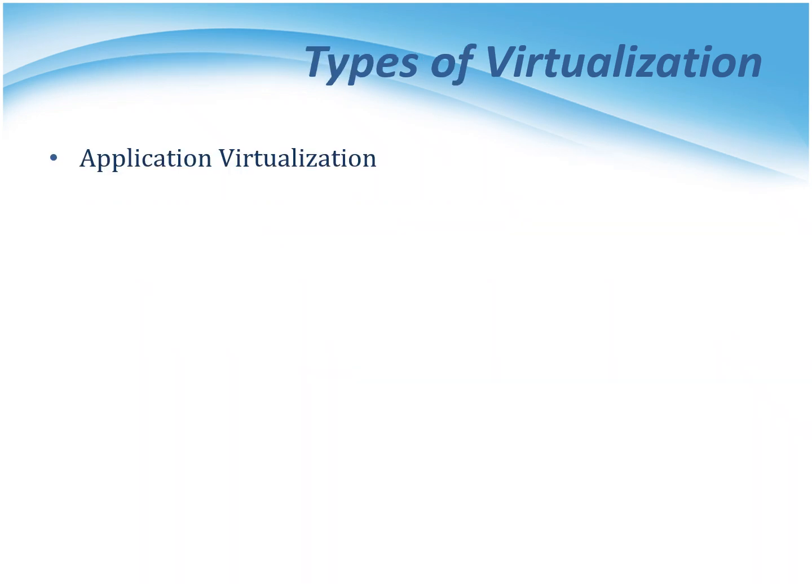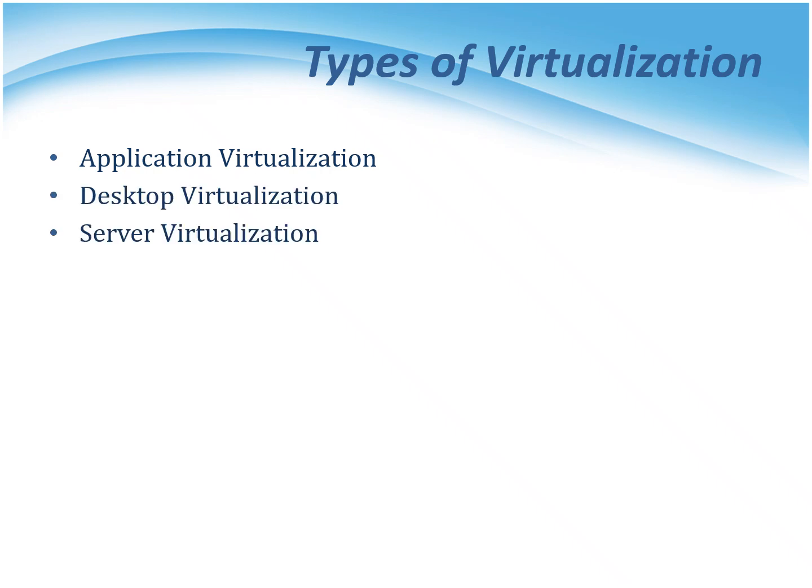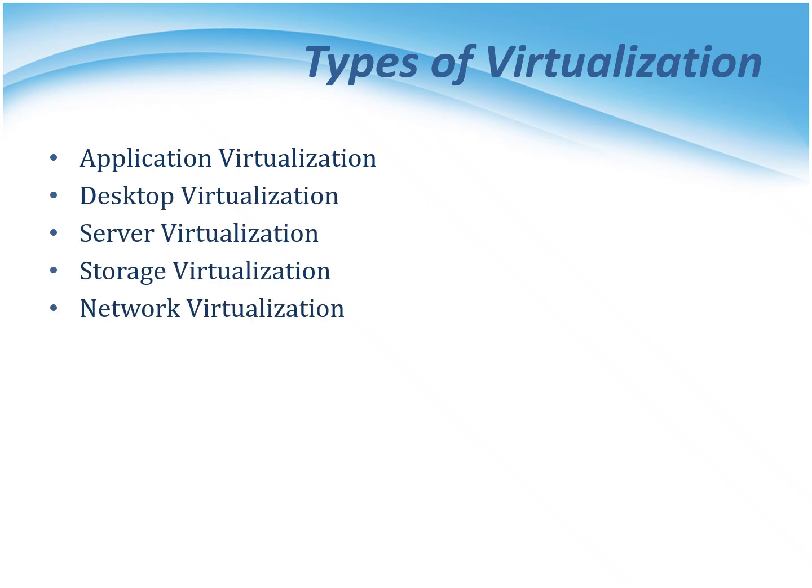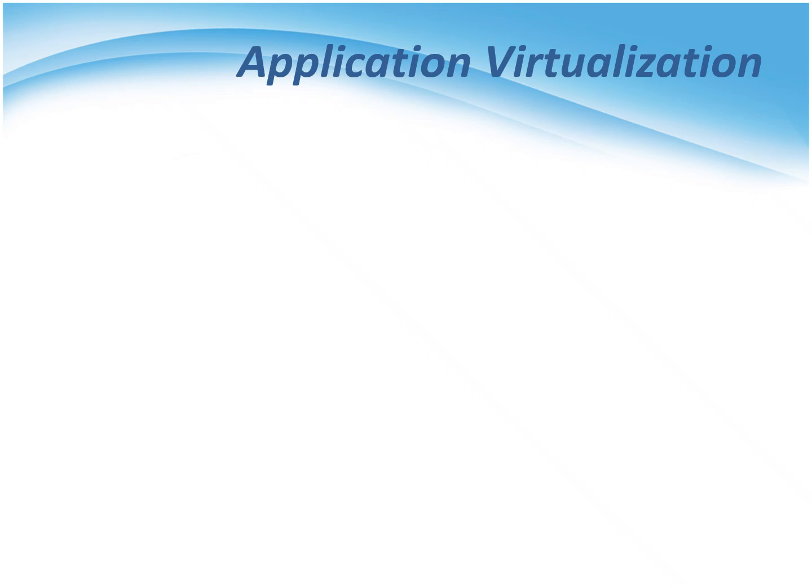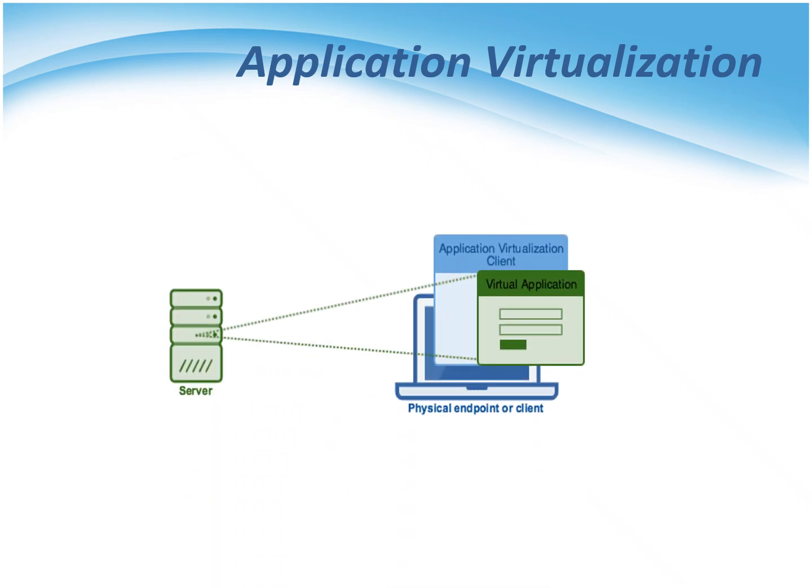Now the types of virtualization: application virtualization, desktop virtualization, server virtualization, storage virtualization, and network virtualization. Everything over the network we can virtualize and give to the system. Here you have the application virtualized client, the physical endpoint of the client, and the server. They just want the application, go through the internet, and run the application on their own machine.